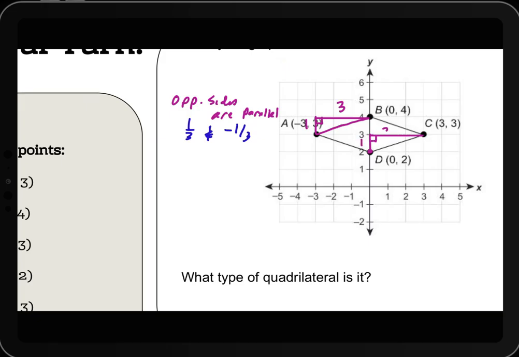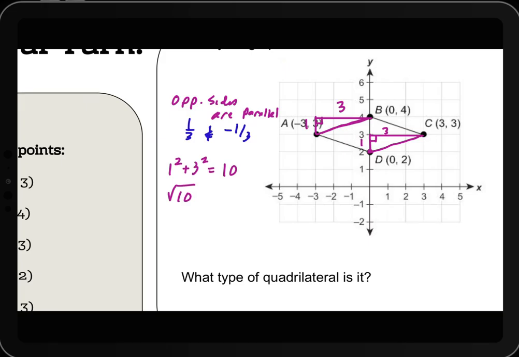It goes up 1 and over 3 as well, so it too is also going to have the exact same length, right? So 1 squared plus 3 squared is equal to 10. So the length is going to be the square root of 10, because you have to take the square root of the hypotenuse squared to get the hypotenuse.